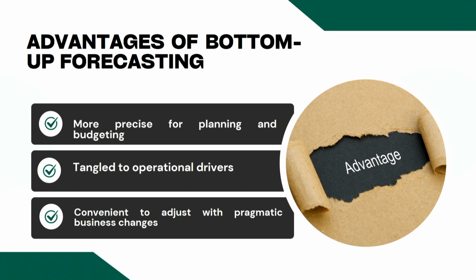But in case of the bottom up method, we do not take the past figures into consideration. Rather, we look at all these activities to be performed in the business afresh, and we start from scratch.